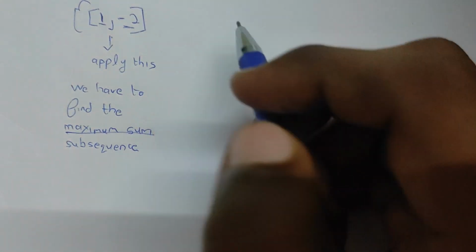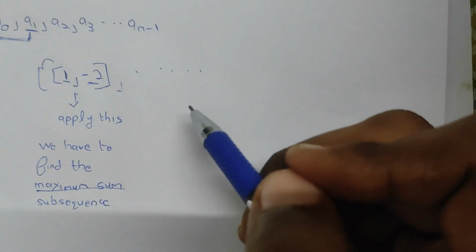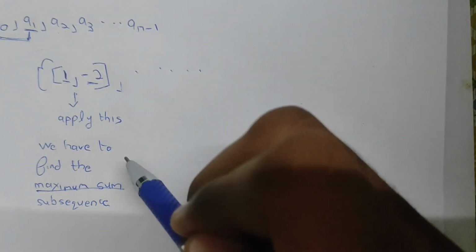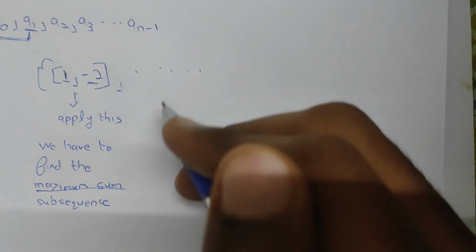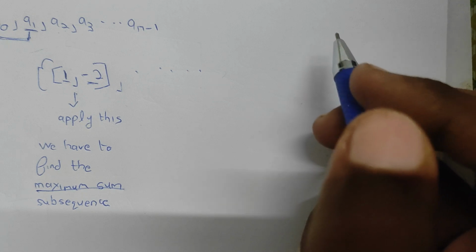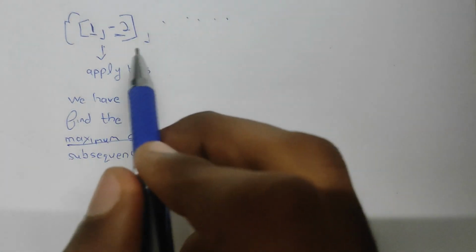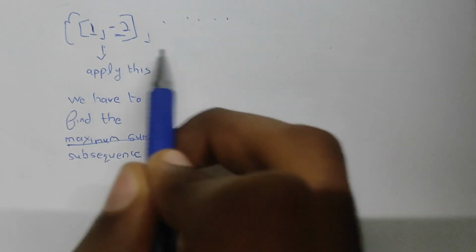And there will be some number of queries. So we have to find the maximum sum after each of the queries, and what we have to output is the sum of the maximum sums of each of the queries.